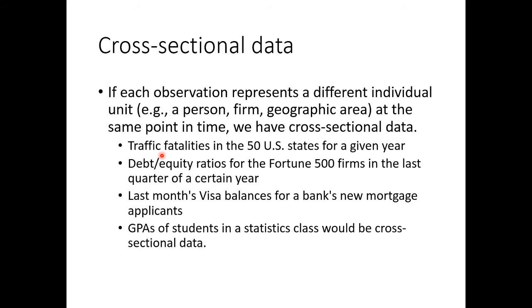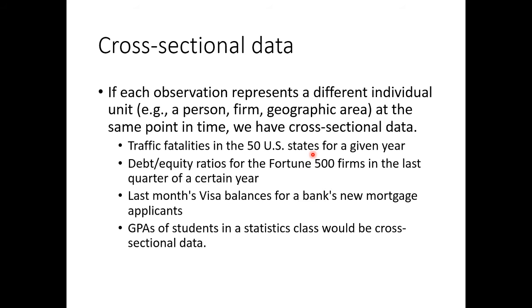So then we have the traffic fatalities value and the state name: traffic fatalities for New York, traffic fatalities for New Jersey, traffic fatalities for California, something like that. So we have two pieces of information in one data point, value and geographical area.